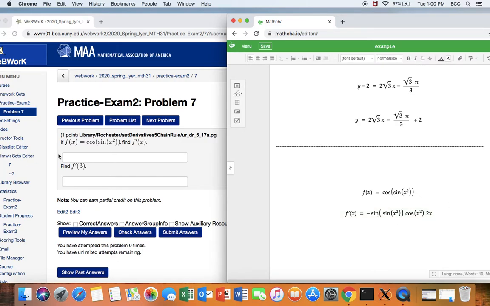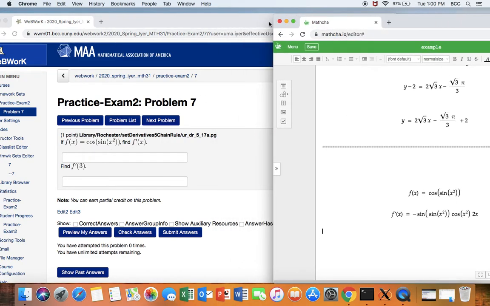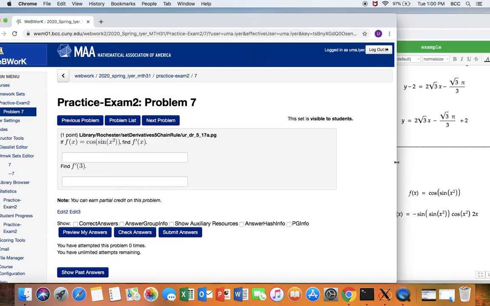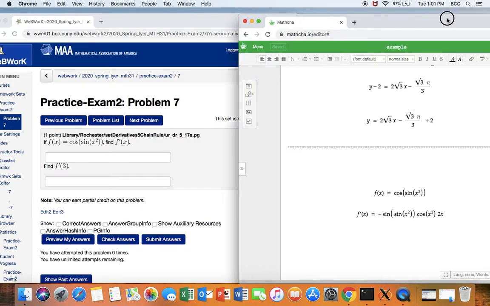So let's write this down here. Better make the screen small so I can see both of them side by side. Fair?